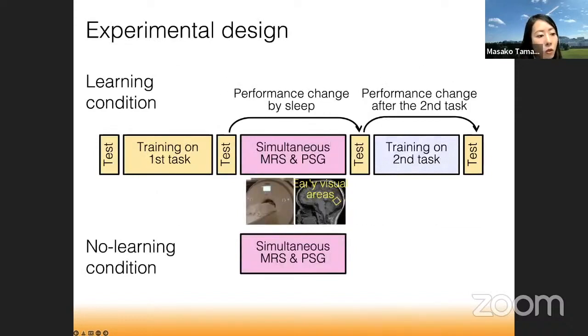This shows the experimental design, the one I already showed you. Here, for the no learning condition, there was no training before or after sleep, and we simply measured the MRS and the sleep status during the nap, and we compared the data between these two conditions.